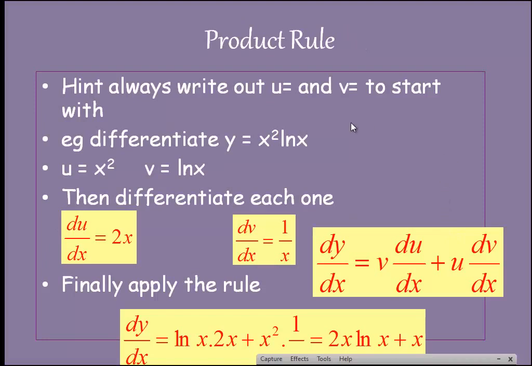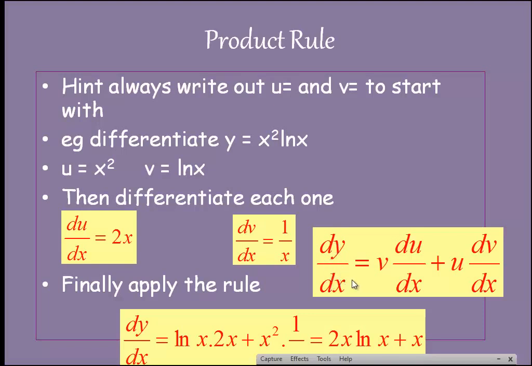Okay, let's have a quick look at an example then. The easy way to do this is to be very methodical, write out the two factors to start with. So if you're presented with something like we've got here, y equals x squared times ln x, you simply split it up, let u be x squared, v be the ln x, differentiate each separately. So du dx from here gives us 2x, dv dx from here gives us 1 over x, and then we simply apply the rule.